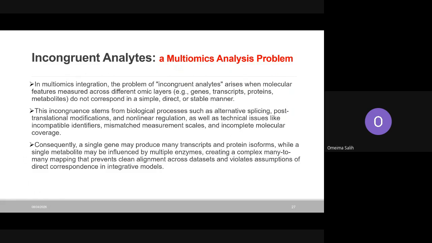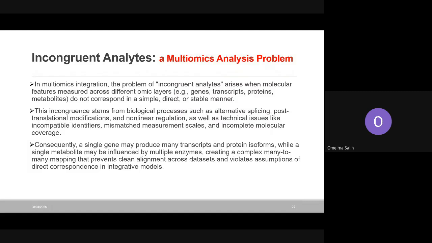This type of challenge might be reduced in prokaryotic cells, because, as you know, there is no splicing and there are no exons and introns. I don't mean the absence of exons and introns, but it's reduced in prokaryotic cells.